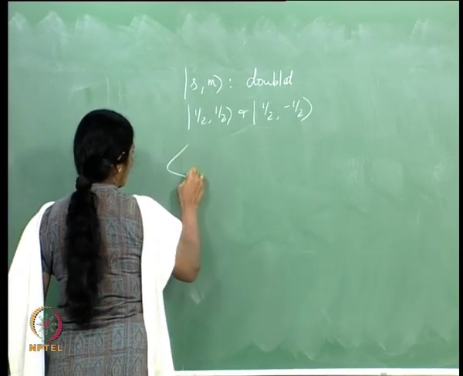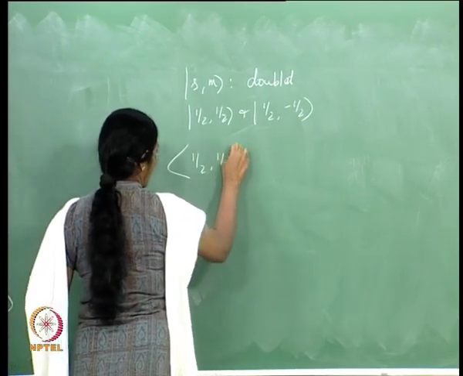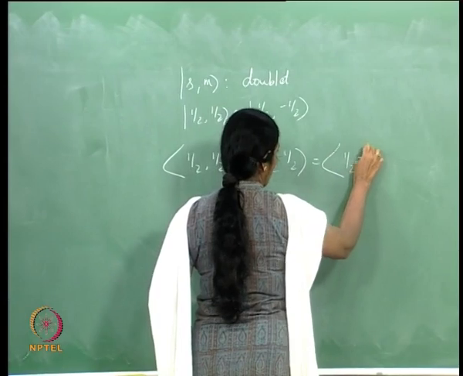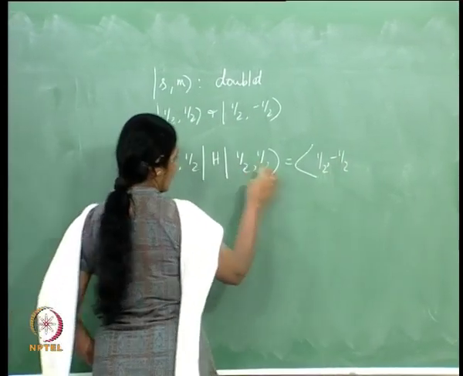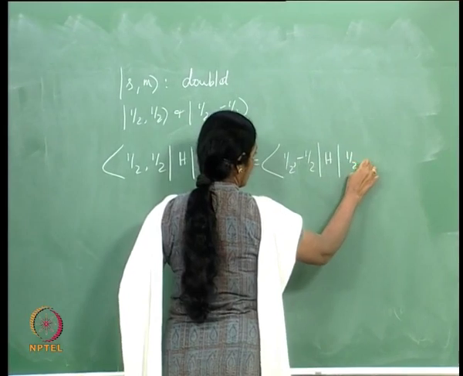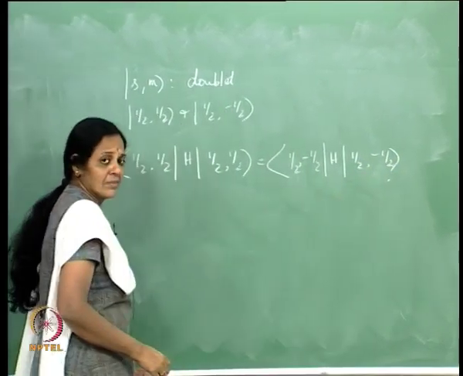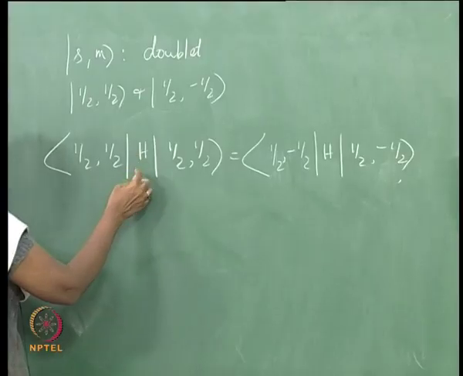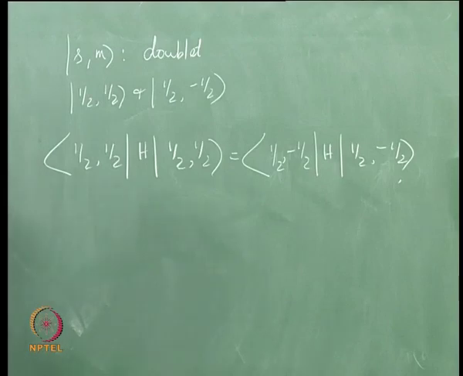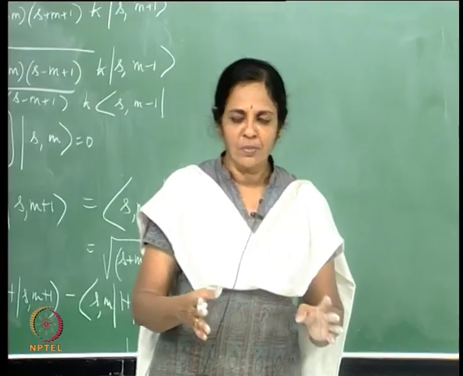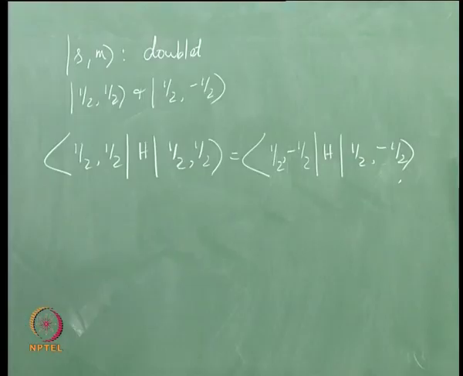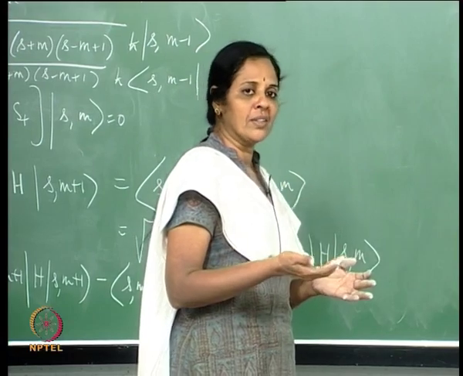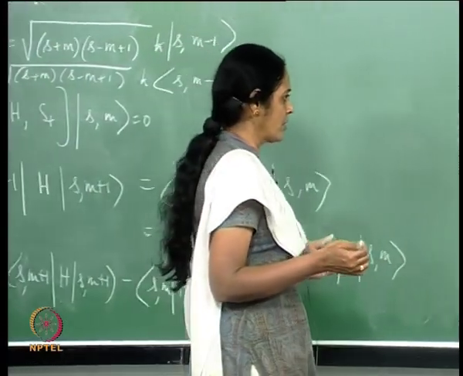So this boils down to the statement that <1/2, 1/2| H |1/2, 1/2> is equal to <1/2, -1/2| H |1/2, -1/2>. That is what it means. In other words, look at the Hamiltonian. The Hamiltonian has in general a kinetic energy plus a potential energy. For particles of a certain mass, this would mean the kinetic energy of the particle and the rest mass energy of the particle.